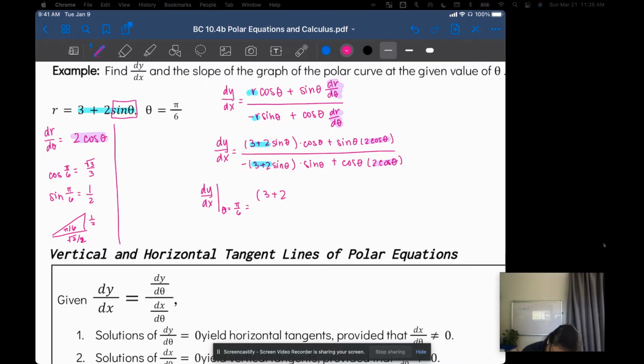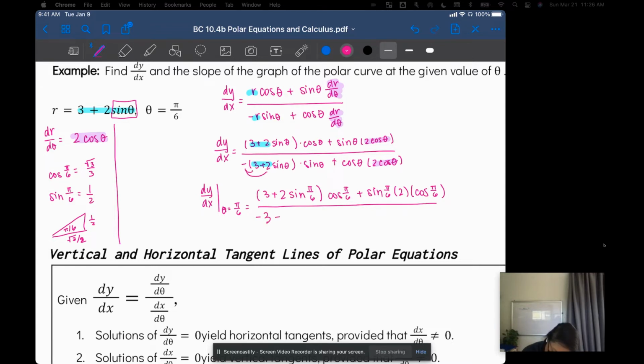So I have 3 plus 2 sine pi over 6 times the cosine of pi over 6, plus the sine of pi over 6 times 2 times the cosine of pi over 6, all over negative 3, and I'm going to distribute the negative.